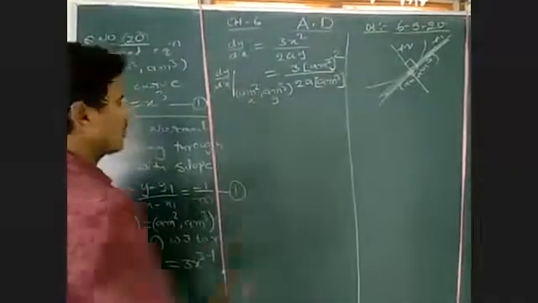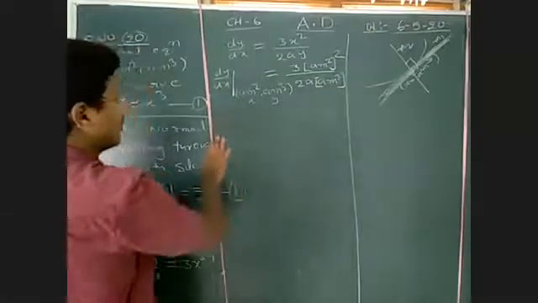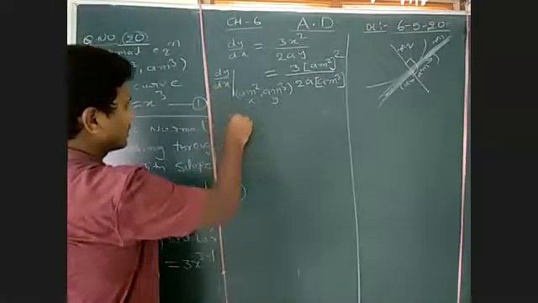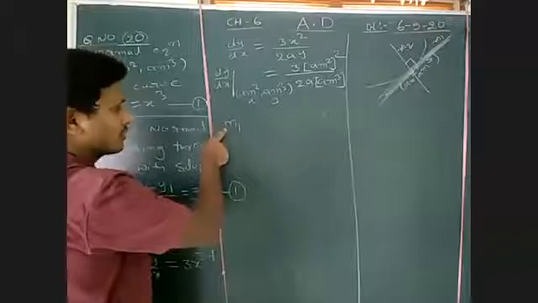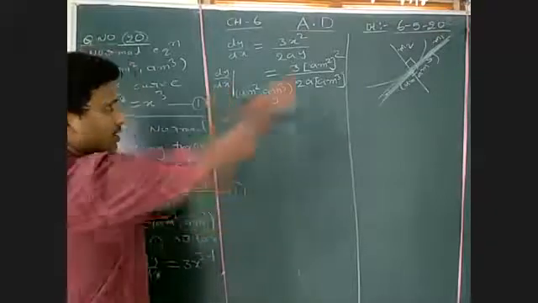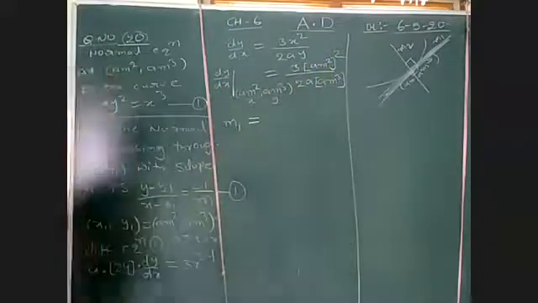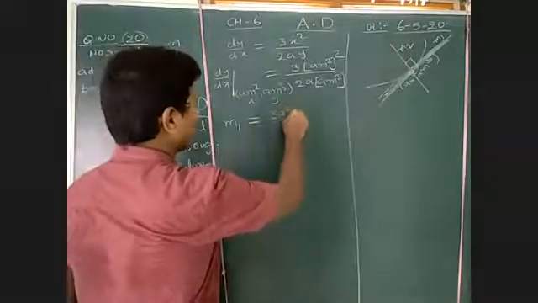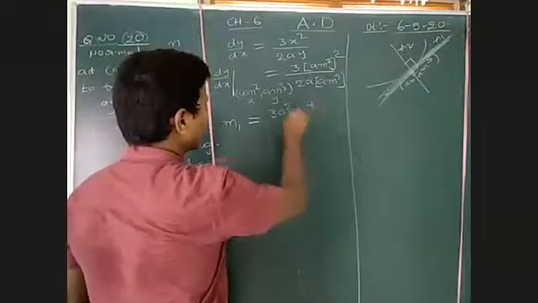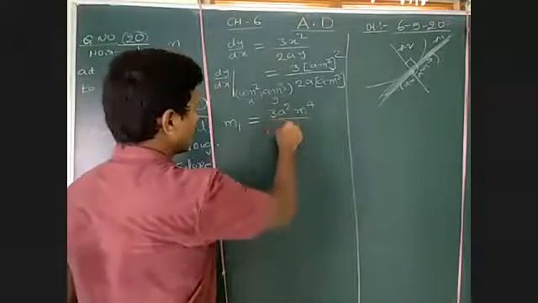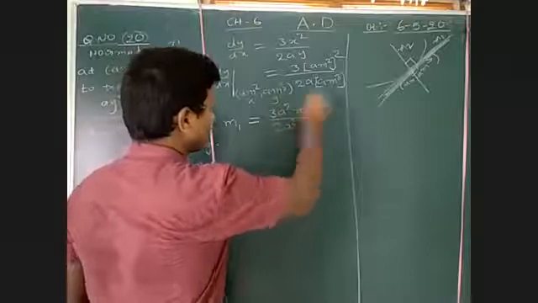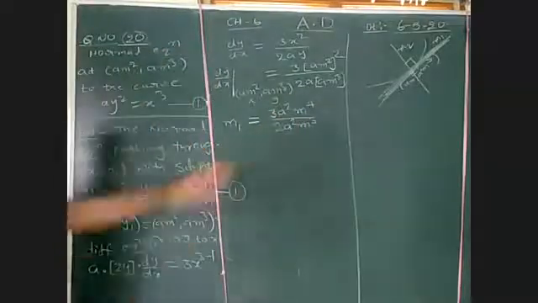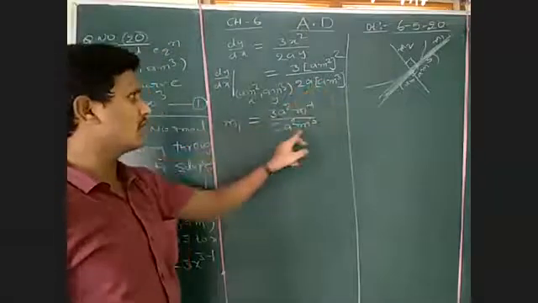Now finally, what is dy by dx? dy by dx is nothing but the slope of tangent, m1. I'm taking the slope of tangent as m1. m1 is equal to, simplifying here, 3 a square m power 4 by 2 a square m cube, that is a into a square, 2 a square m cube.